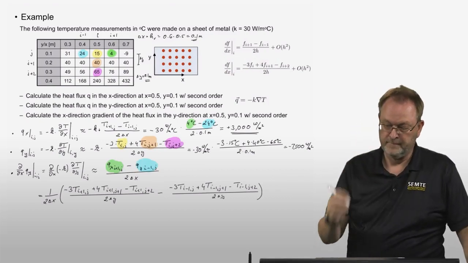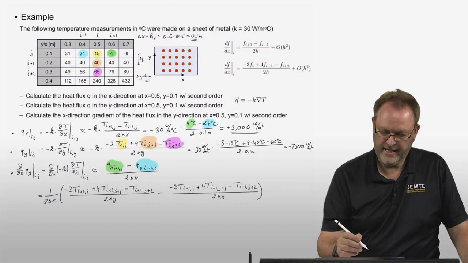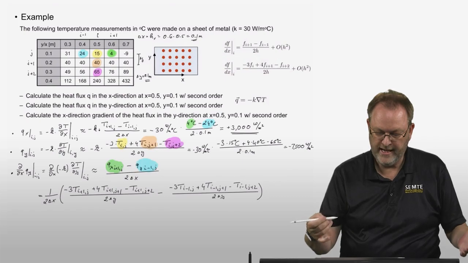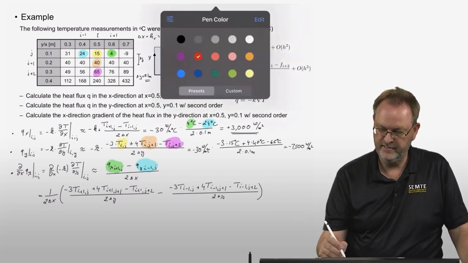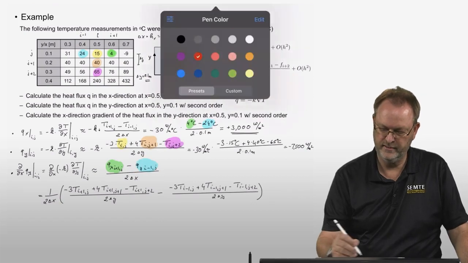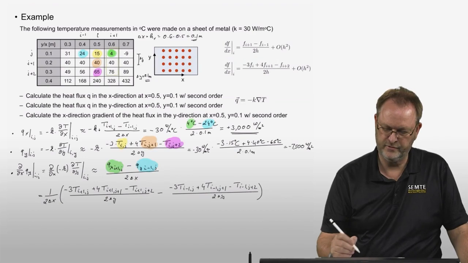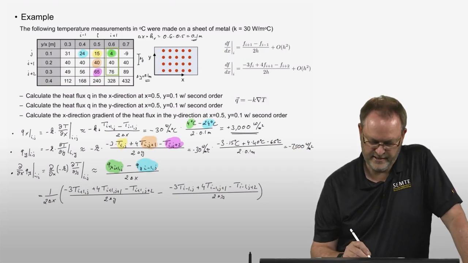All right, so just to reiterate, I have evaluated qy at i plus 1 comma j, and I've done this, let me make this green, using these values over here. Let me go a little bit thicker here, these values, to evaluate this term.